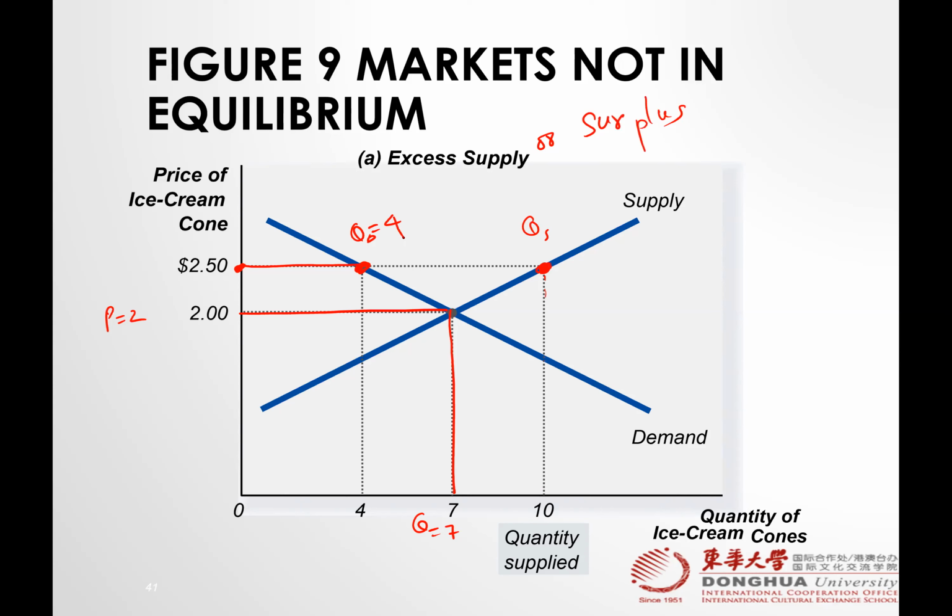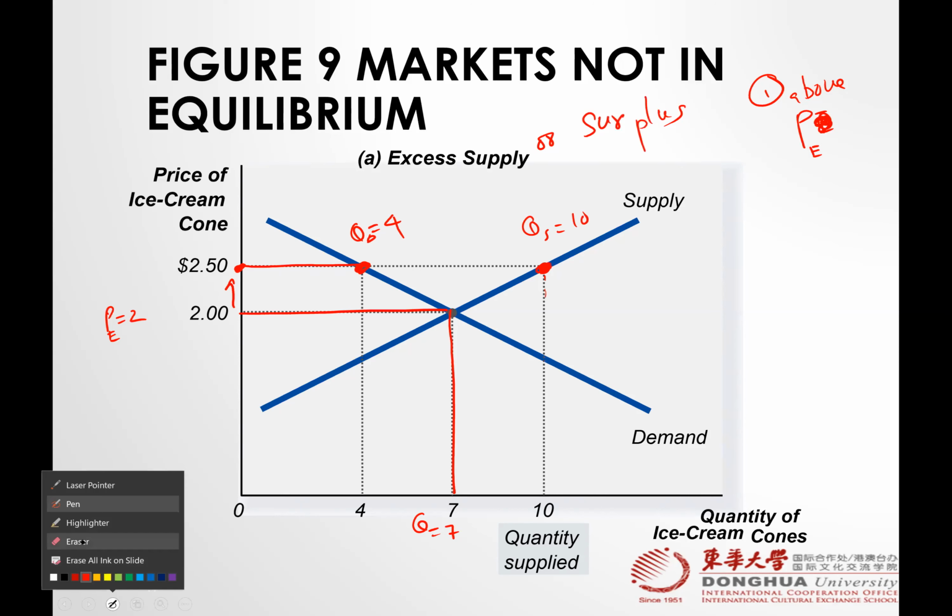Which is 4, which is 10, right? So surplus occurs at a price above equilibrium. So we found one characteristic of surplus, that it is above equilibrium price.